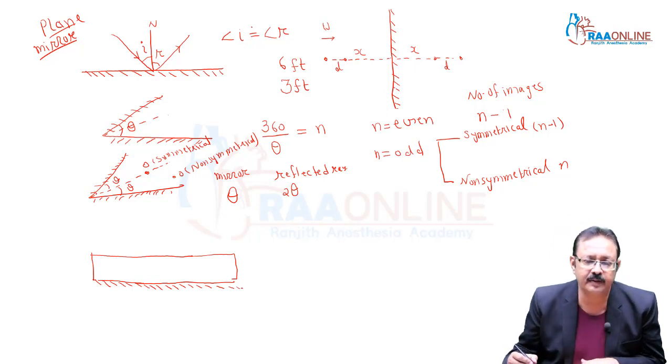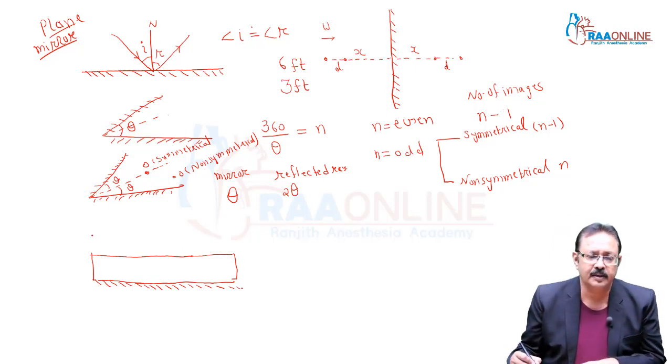What do you mean? See, suppose 100 rays are coming towards this thick mirror. Mostly will refract, suppose 90.